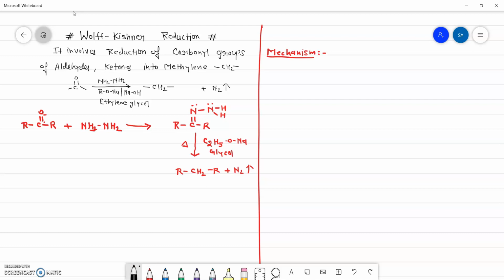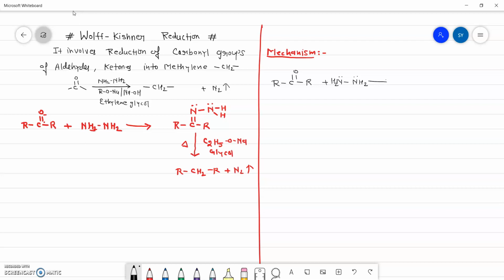See, if I write down this same reactant, मैं यहाँ पे लिखूँगा R bond C double bond O bond R. So what happened here, this hydrazine, NH2 bond NH2, one lone pair here, one lone pair here, this attacks over here, and there is a loss of water molecule.